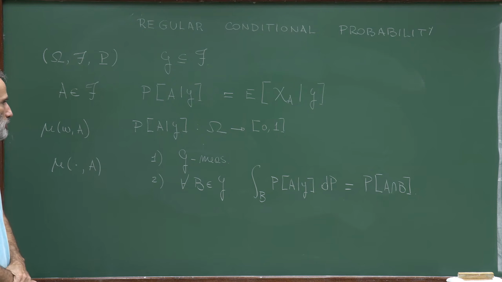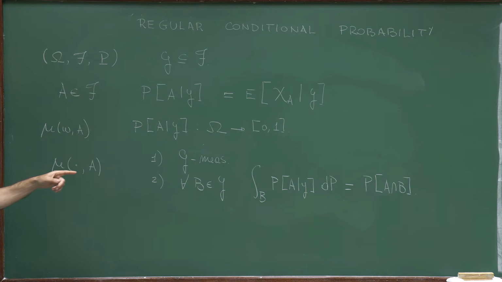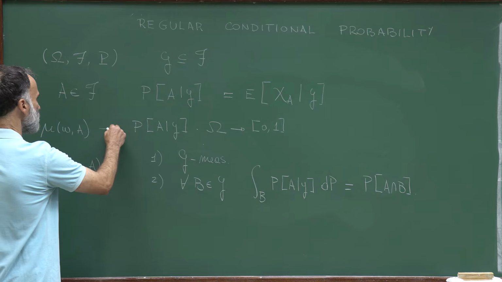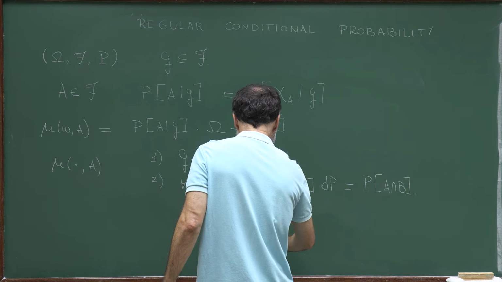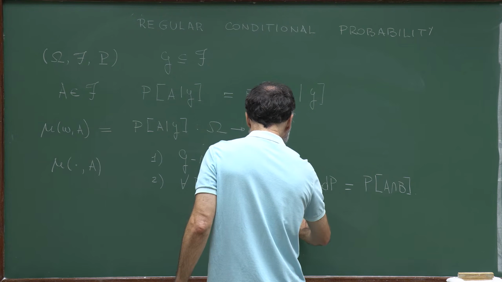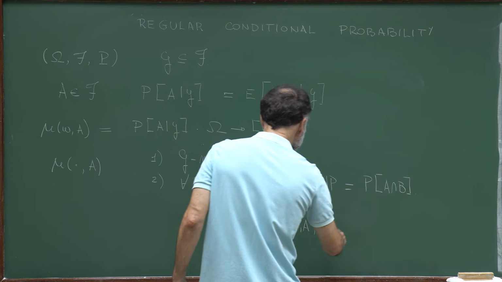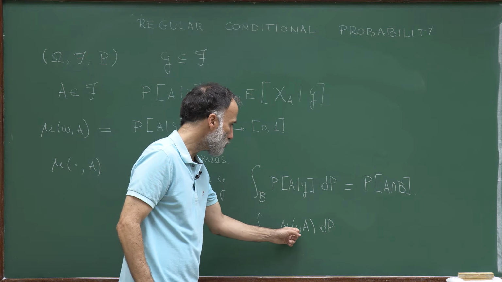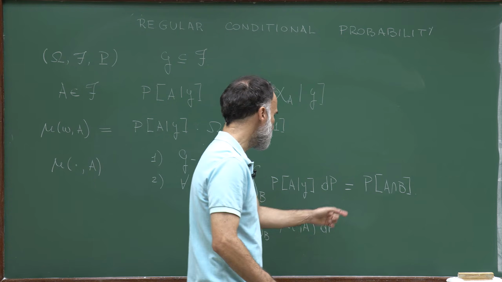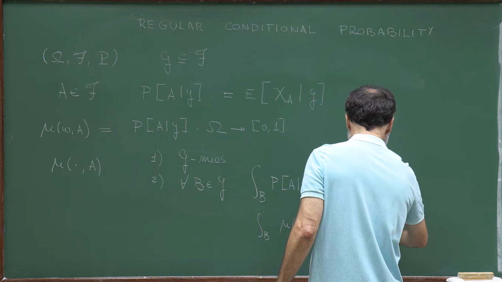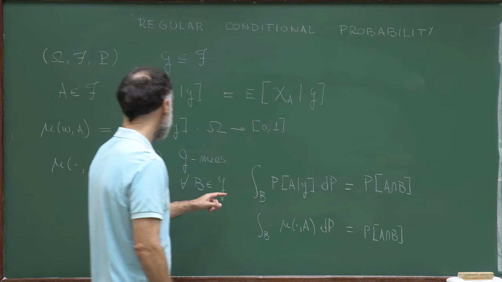It's first a G measurable function, and second, let me rewrite this identity in terms of this newly introduced notation: the integral of mu(·, A) dP, a function of omega, which I'm integrating with respect to P over the set B, is equal to the probability of A intersection B for all sets B in G.